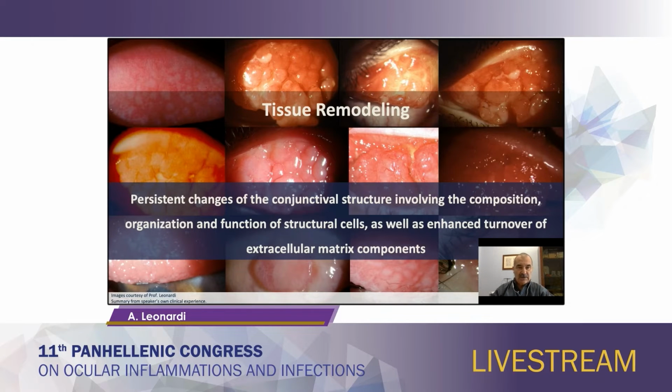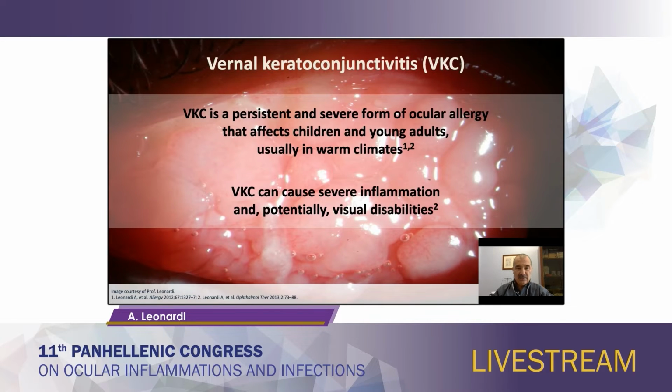Tissue remodeling can be classified as persistent changes of the conjunctival structure involving the composition, organization, and functions of structural cells, as well as enhanced turnover of extracellular matrix components. This is particularly evident in VKC.